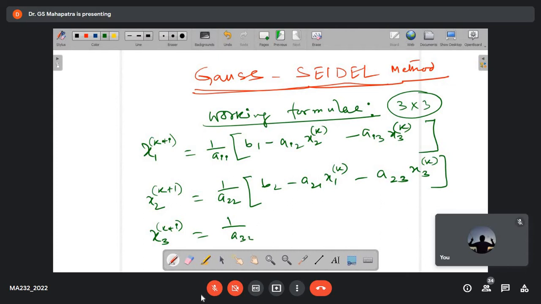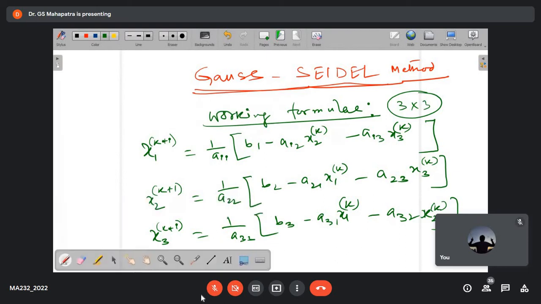This part I know, the first part; the rest part I don't know. b3 up to this one, minus a31 x1 (k), a32 x2 (k). But sometimes it is really tough to identify what I am writing.